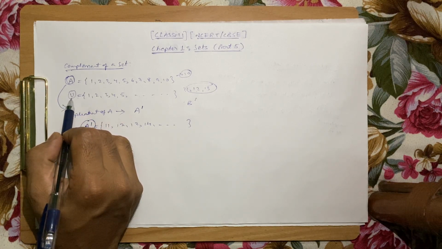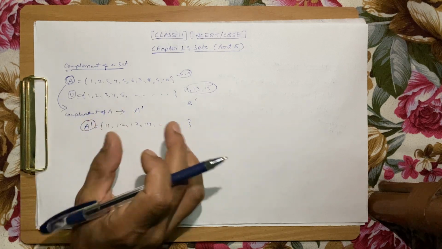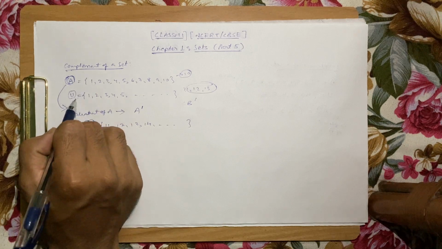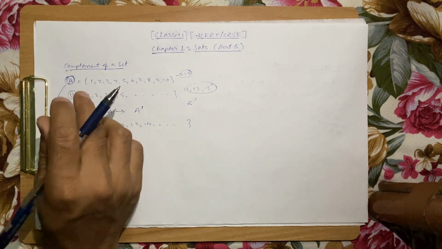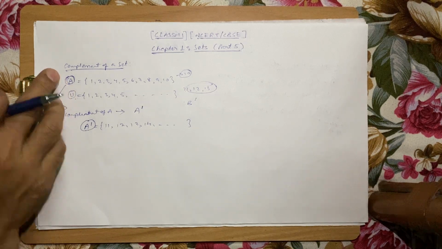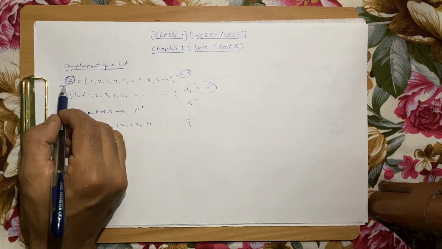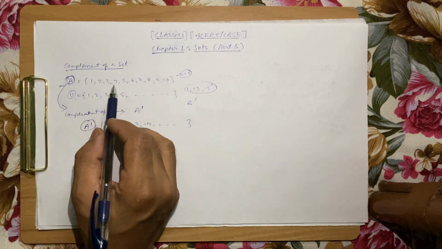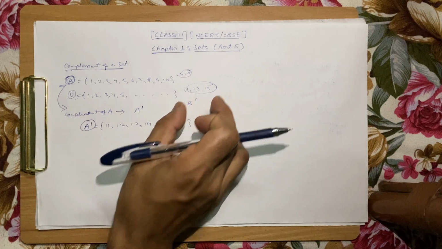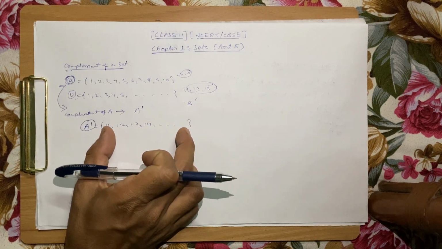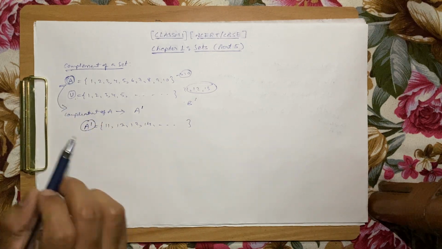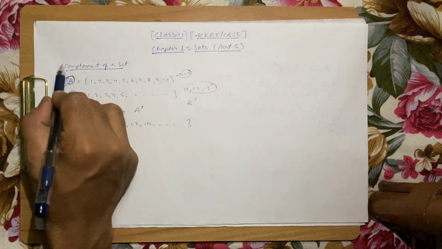Whenever you are supposed to find the complement of a set, make sure to think of a universal set first and then compare both the sets, and check the elements that are not present in the set A. Whatever is not present in the set A when compared to the universal set, the collection of those elements will be called the complement of A. So always keep in mind to think of a universal set in the case of the complement of a set.